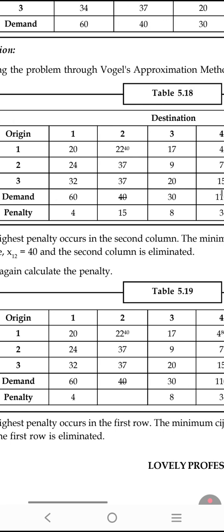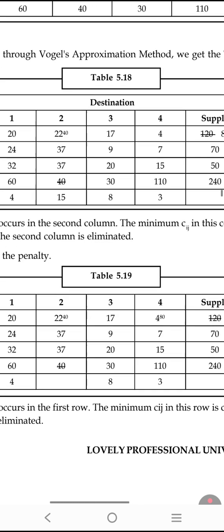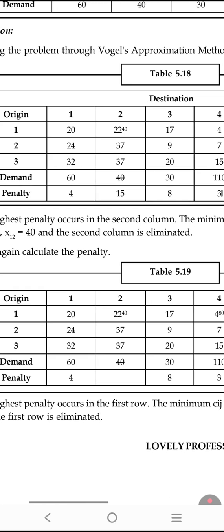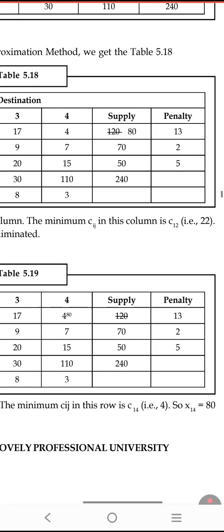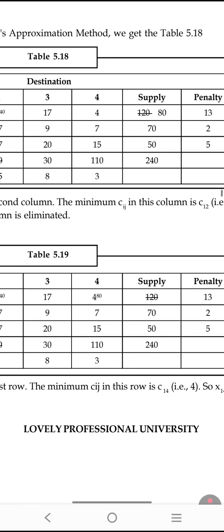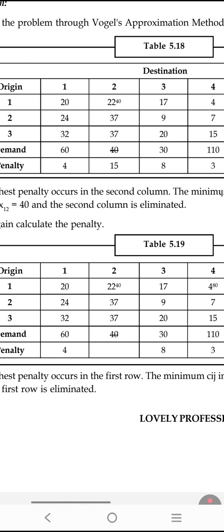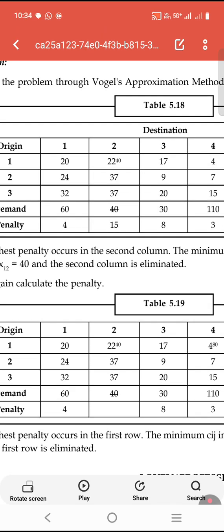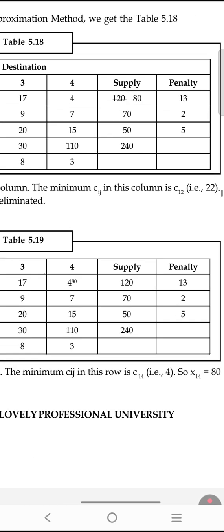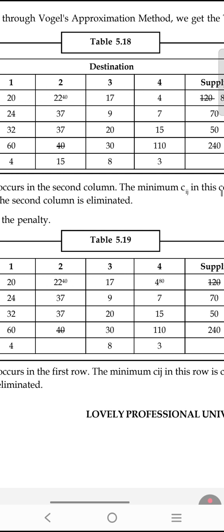Among all the row and column penalties, the highest penalty, 15, occurs in the second column. We select this column, and in it the minimum cost is C12, that is 22.